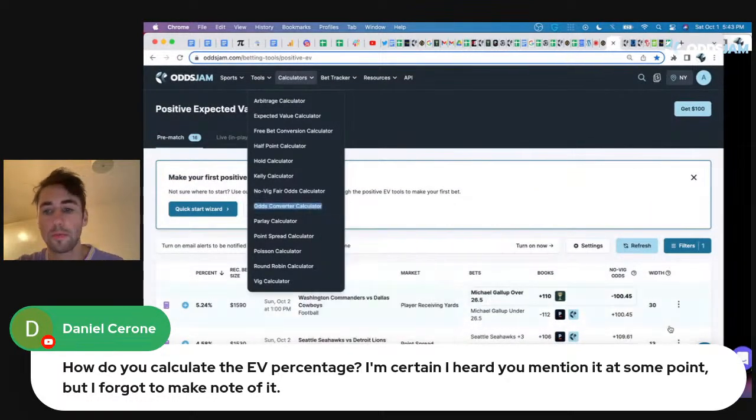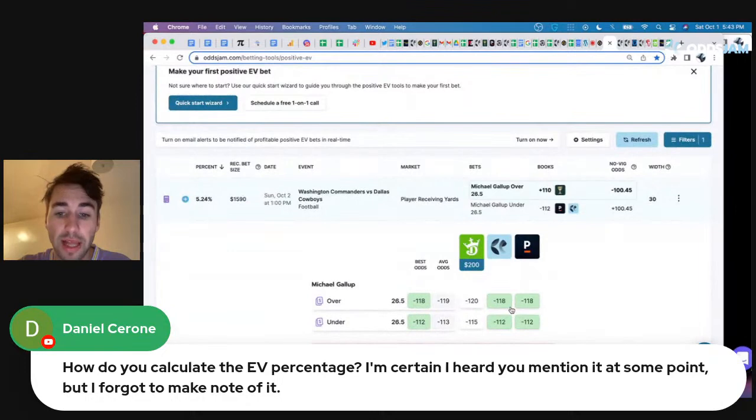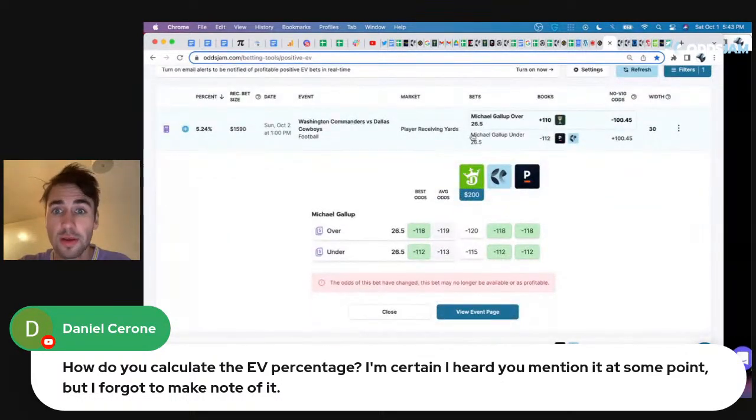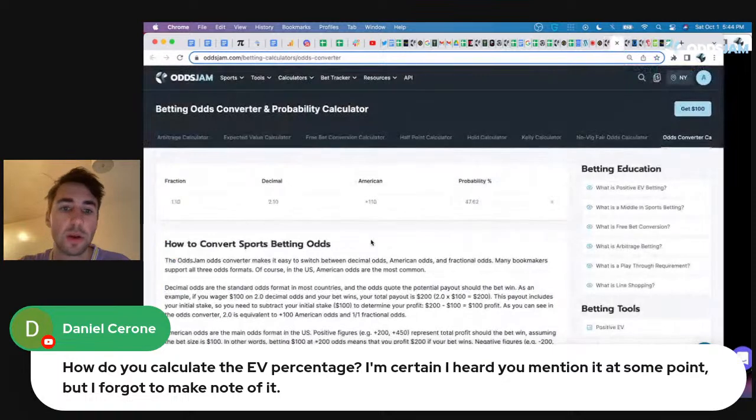What this no vig odds indicates is how often your bet should win. So we're getting Michael Gallup, it looks like it just moved. So assume you actually got this plus 110. You got your bet down. The no vig odds is minus 100.45. So you're winning this bet 50.11% of the time.